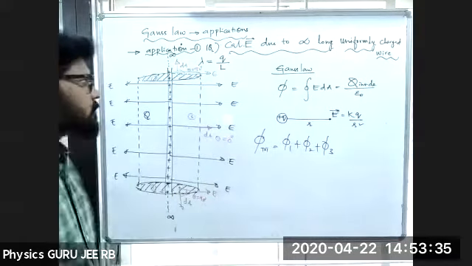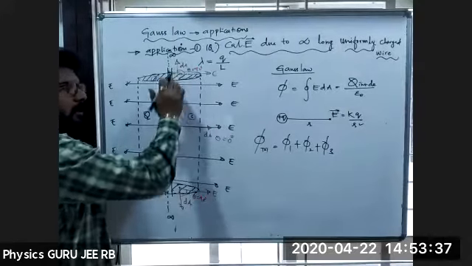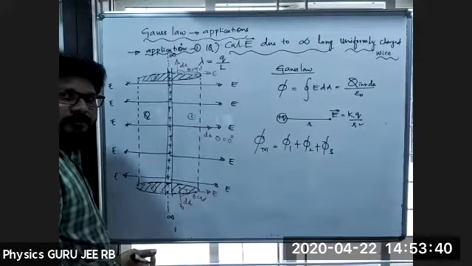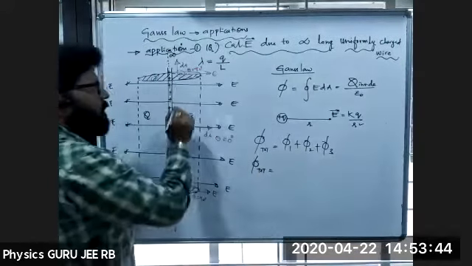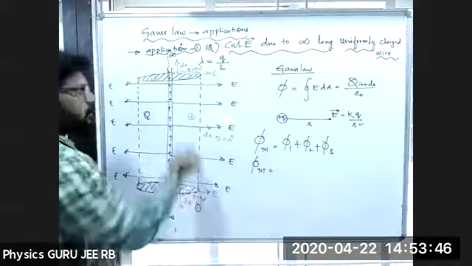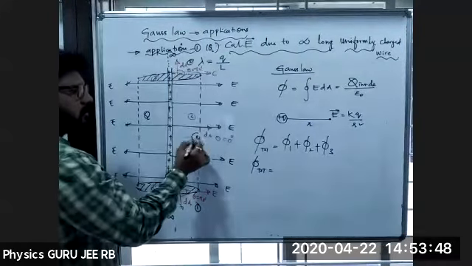At the first two surfaces, theta is equal to 90. What is the flux? Total flux is phi1 plus phi2 plus phi3.